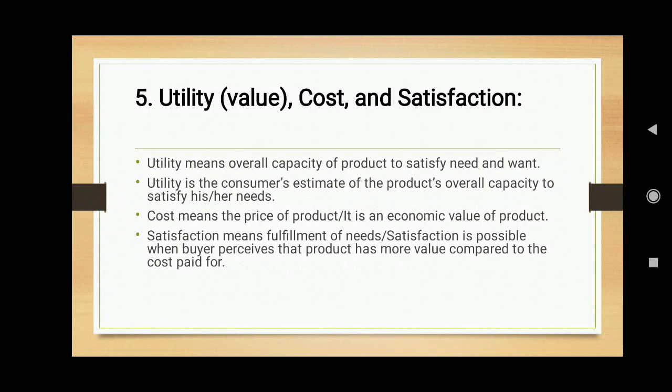So while the manufacturer or producer fixes the price for the product, the pricing policy always depends upon the cost incurred to manufacture or produce that particular good, right? Then the satisfaction, it is the fulfillment of needs. Satisfaction is possible when the buyer perceives or experiences that the product has more value.